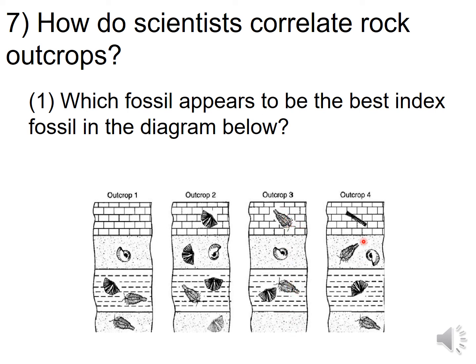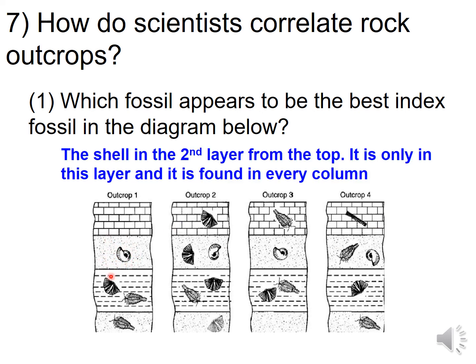And then the last fossil is this rod-looking one. It's not in all 4, so that's not useful to us. So the one that should be most useful is this seashell-looking one. Because it's in the second layer from the top, it's only in this layer, and it's in every column, that makes it very useful to us.